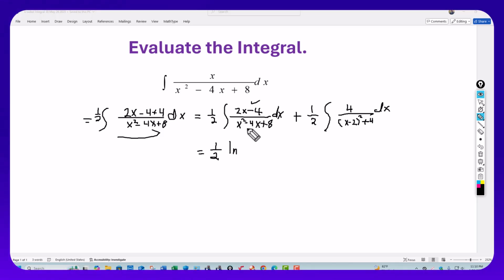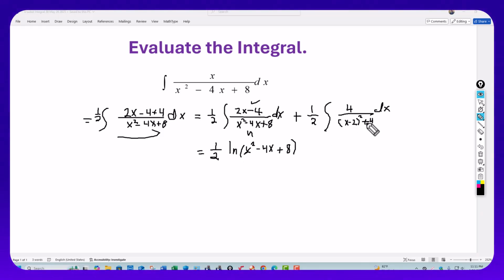But x squared minus 4x plus 8 is a parabola that stays above the x-axis. So it's never negative. So I don't need absolute values. You can put them in there if you want, but in this case it's not necessary. So this will be x squared minus 4x plus 8. Using a standard u-substitution, again, this would be your u. du would be (2x minus 4) dx, and this becomes du over u, where u is this right here.